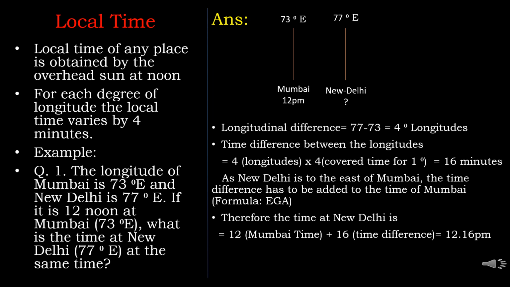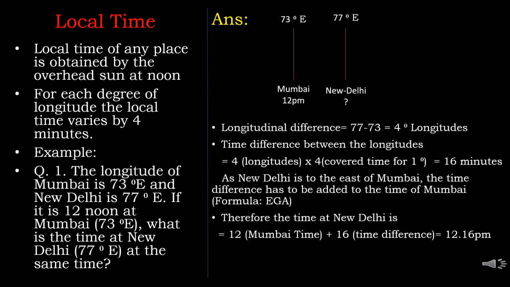First, let us find out the longitudinal difference between Mumbai and New Delhi. The longitude of New Delhi is 77 minus 73, that is the longitude of Mumbai, and the difference between the two longitudes is 4 degrees.